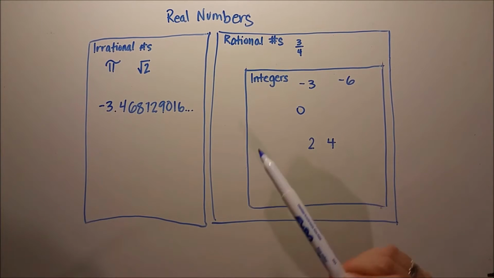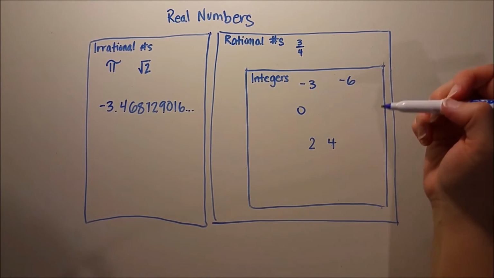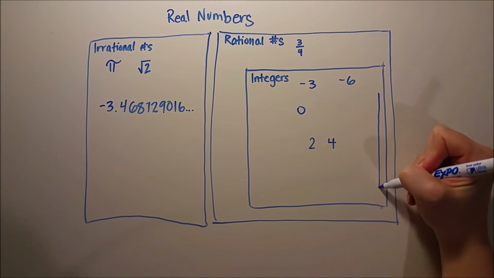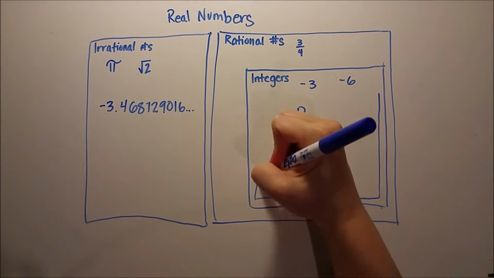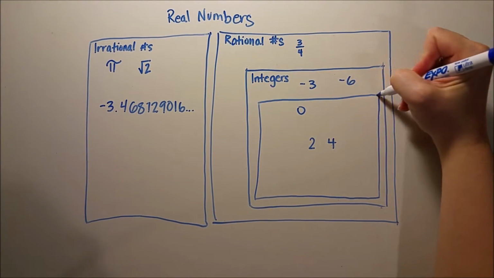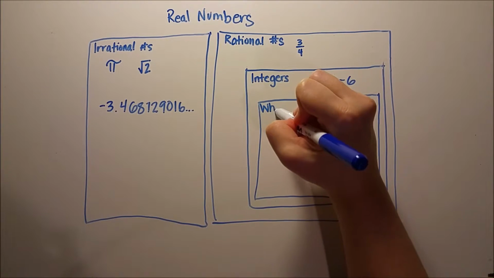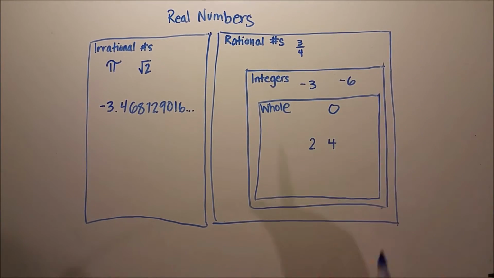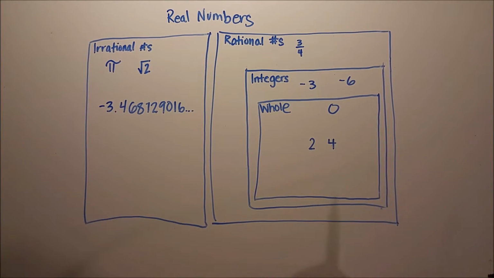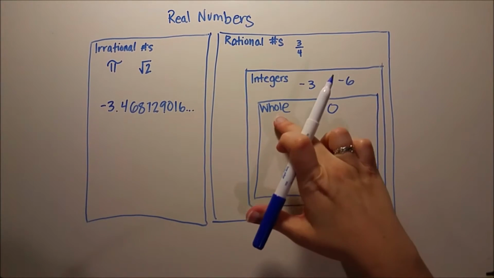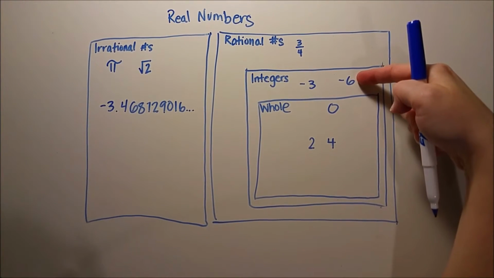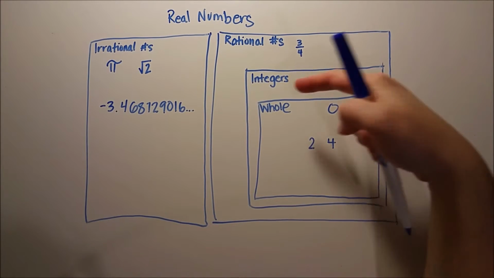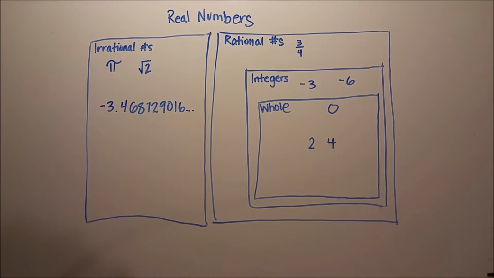Okay, some of these are also just called whole numbers. Let's draw the box for that group. These are all whole numbers. Let me move that 0. Okay, so whole numbers would be 0, 1, 2, 3, 4, 5, 6, on up like that. Whole numbers don't include the negatives, so that's why these negatives are outside in this integers box.